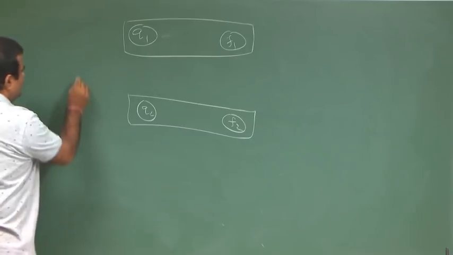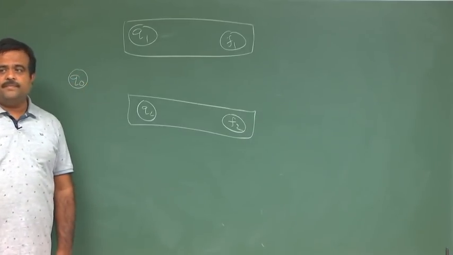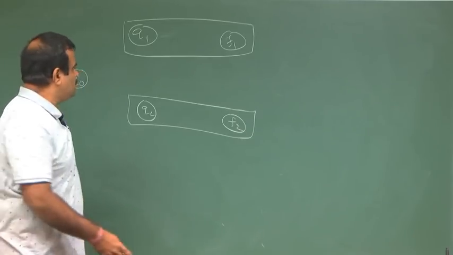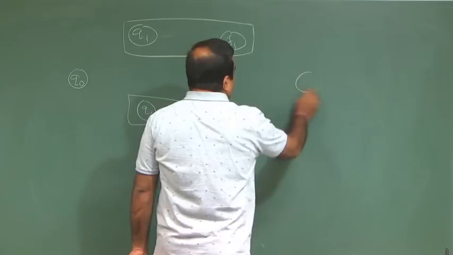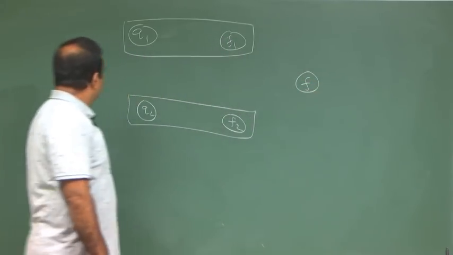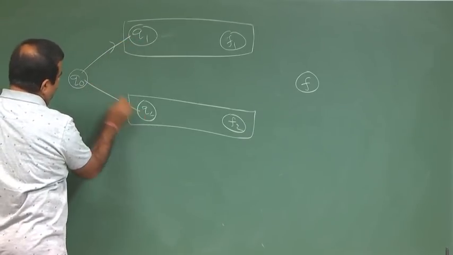Now, we have a q0. We are constructing the new M which could accept R1 plus R2. Then this is the new F. So, we have an epsilon move from here to here.